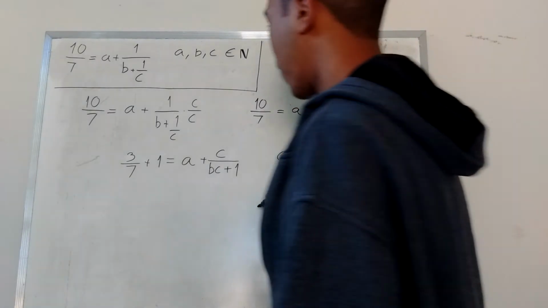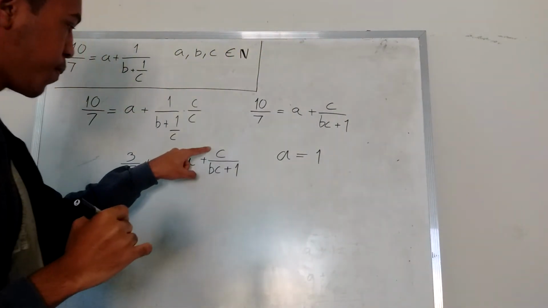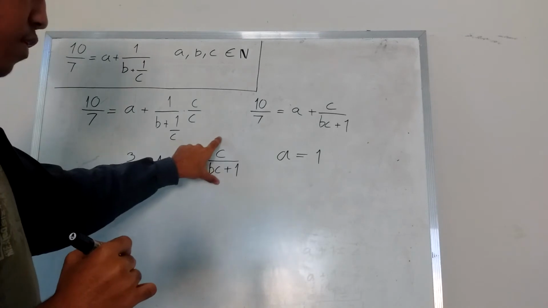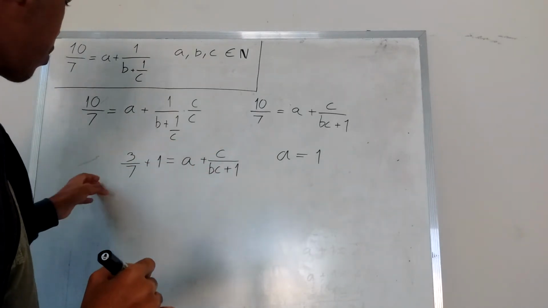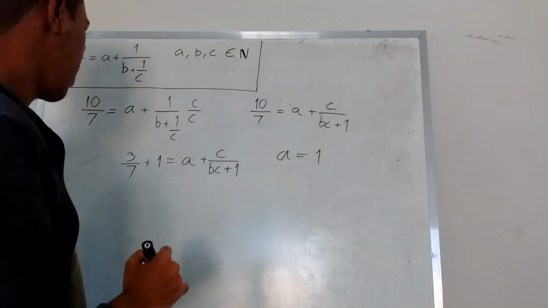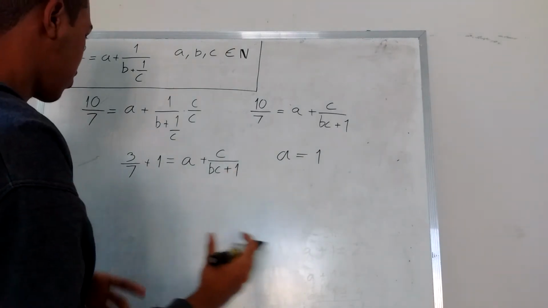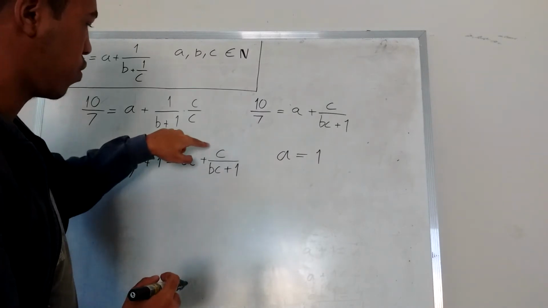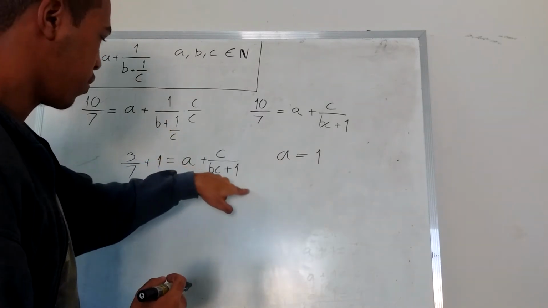But now for this part, if we assume that this and this are the same, or since they are similar, they probably are going to be working with each other to be equal. So 3 over 7 is equal to C over BC plus 1.